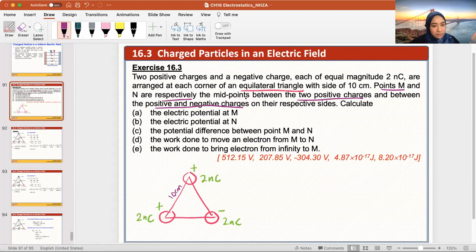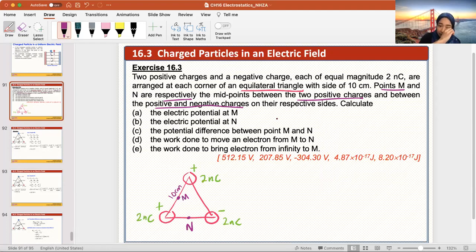Okay, one is M, one is N. M is the midpoint between the two positive charges, so between positive and positive, this point is your M. And then your N is between positive and negative. It could be here or here, it doesn't matter, it's the same, I think. Let's just try.